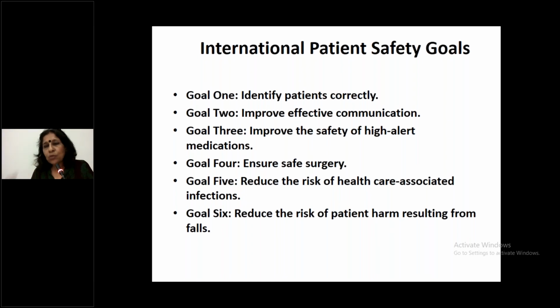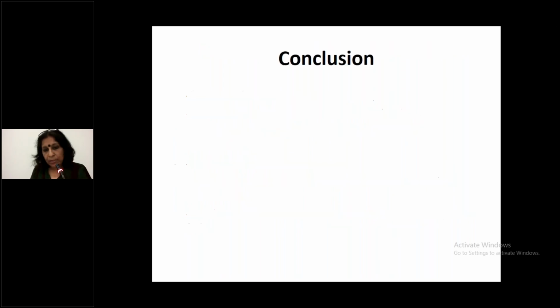And also looking into, suppose it's a patient with diabetic neuropathy, what kind of footwear is the patient using, or an orthopedics patient, what kind of footwear is the patient using, and medications which may cause dizziness or orthostatic hypotension, so that falls are prevented.